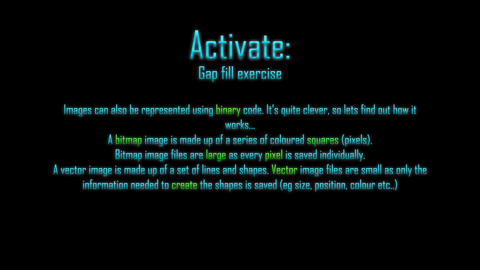A vector image is made up of a set of lines and shapes. Vector image files are small, as only the information needed to create the shapes is saved, for example the size, position and colour. Really well done if you've got all them right. If you haven't, just correct yourself and let's move on.